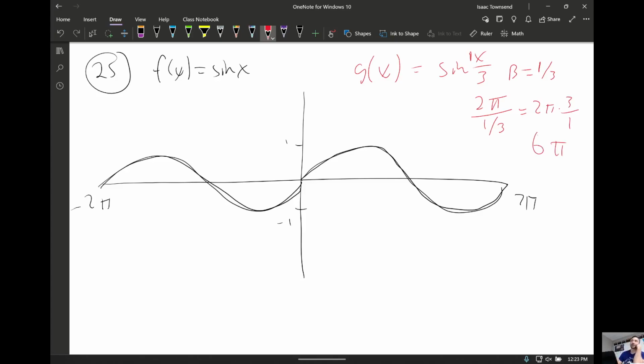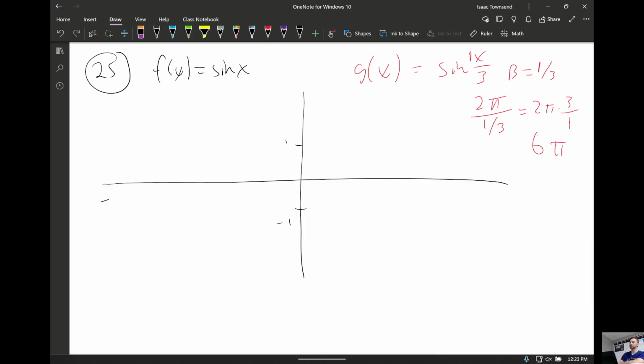And now all of a sudden, I need the same pattern to fit in 6 pi of space, and I don't have room for it. So that's where it pays off to think about the equations before you start graphing them. I'm going to graph this red one first. This would be the regular old sine graph. Amplitude hasn't changed, no vertical shifts, no phase shifts, but the period does change to 6 pi.